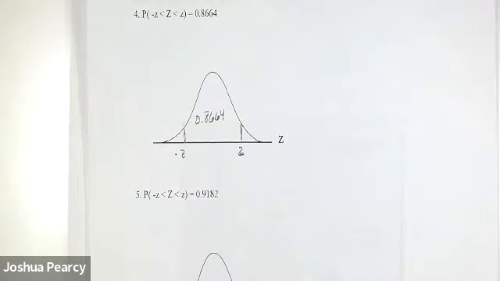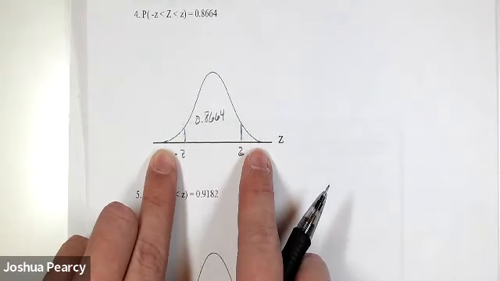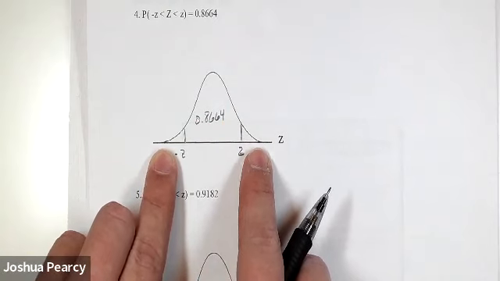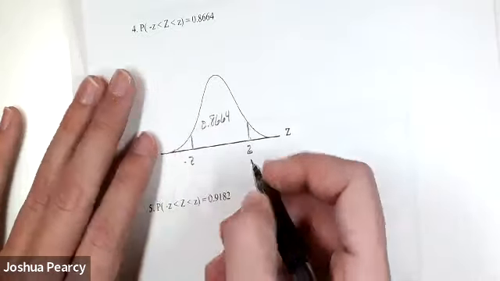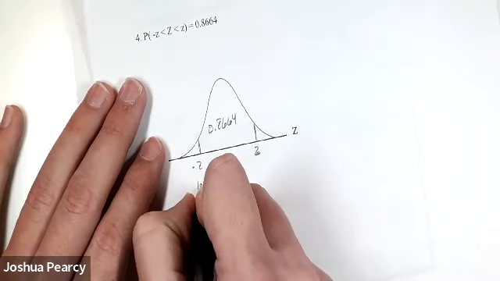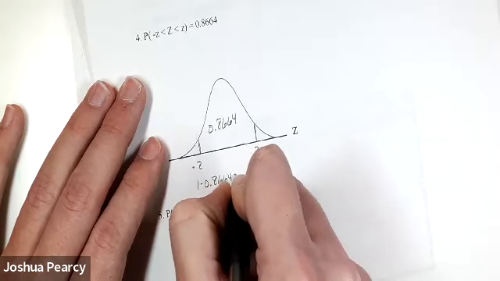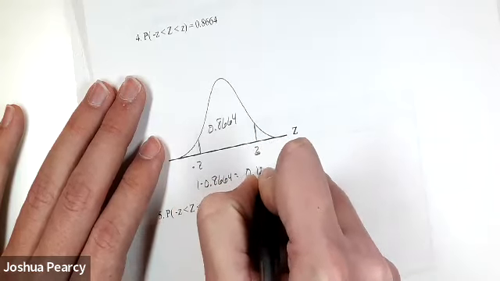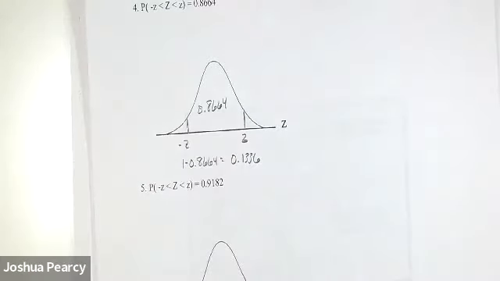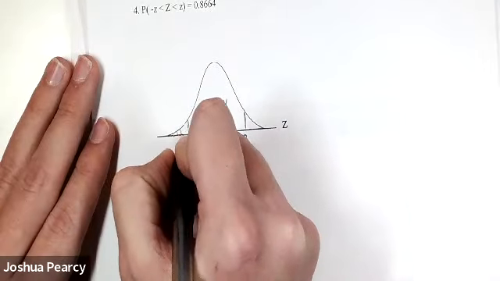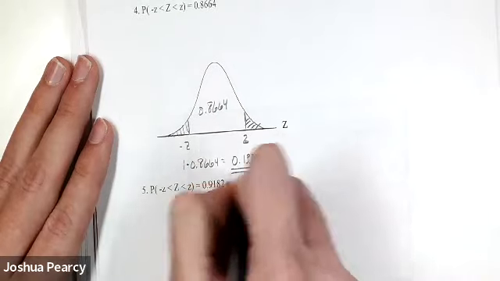Then I can find the area outside of these regions by just 1 minus that, correct? 1 minus 0.8664 gives me 0.1336. That means the area in these two tails added together gives me this.